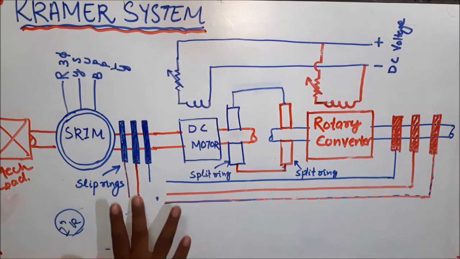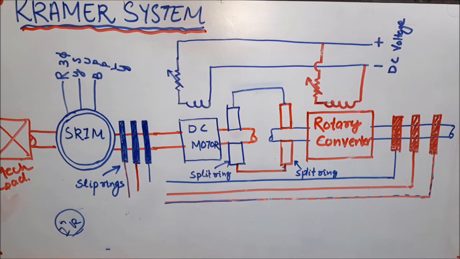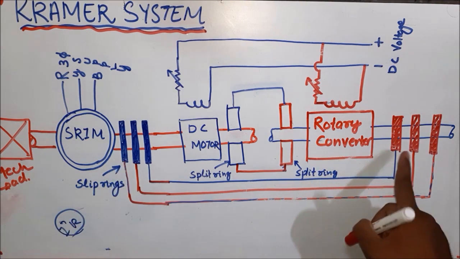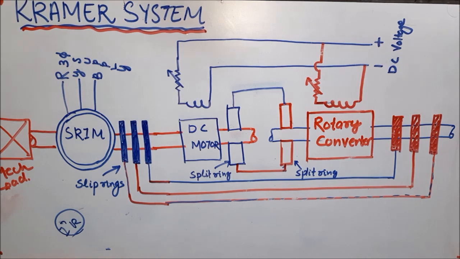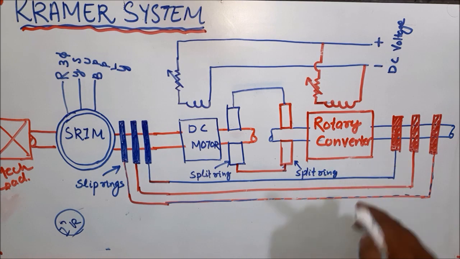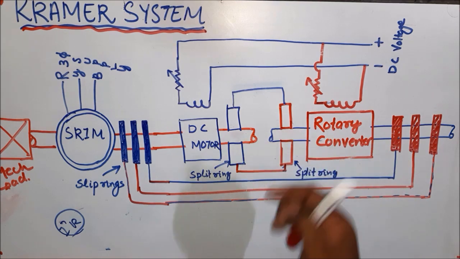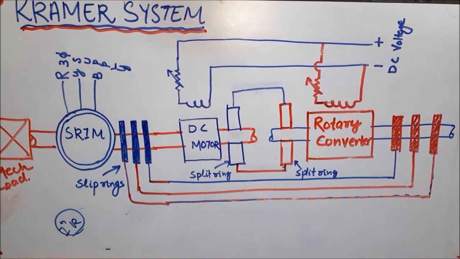A small change is there. Instead of connecting a resistance, we connect this slip ring to a rotary converter input. Rotary converter means it takes three-phase AC supply and gives output DC supply. That means you can say it is a three-phase rectifier.